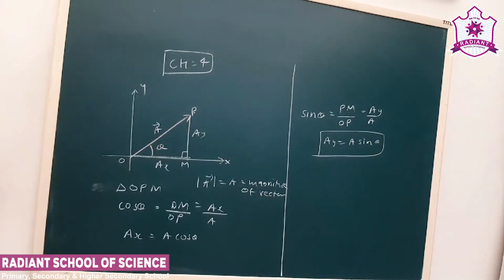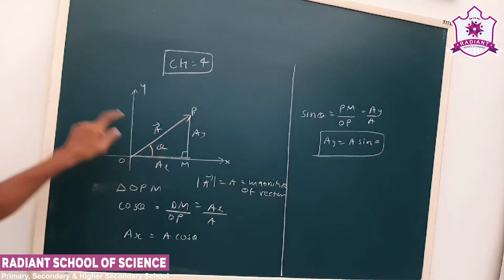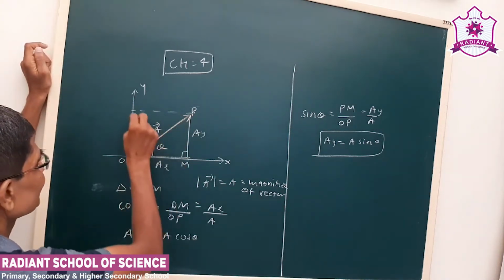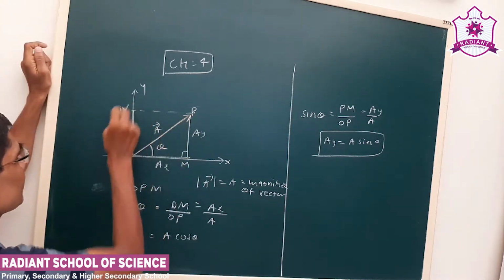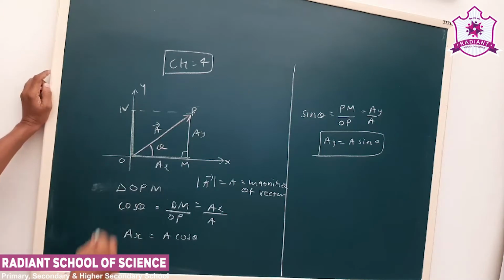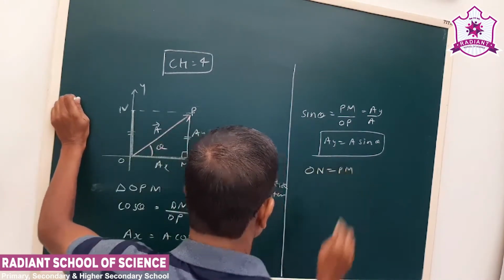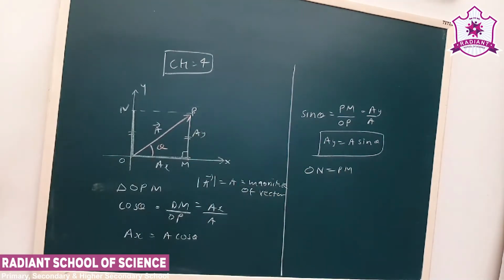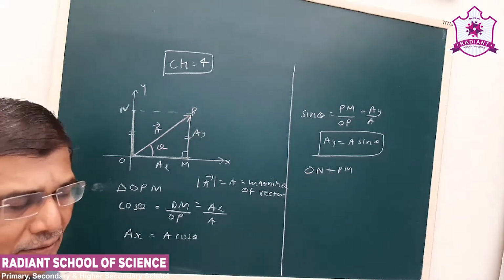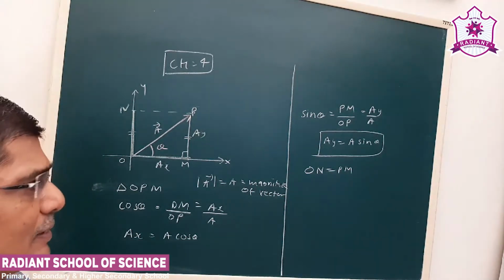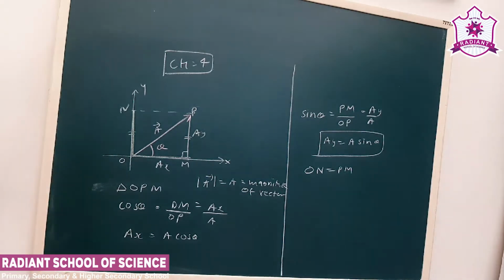Now let me show another method. Let us say this angle is theta. What we can see from the diagram is that ON and PM are the same. Now I want you to remember a simple formula, so that will make your work very easy.